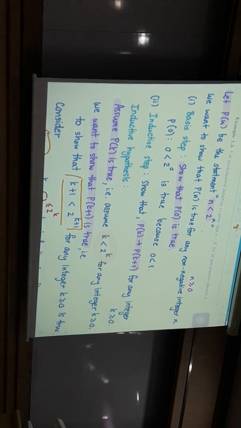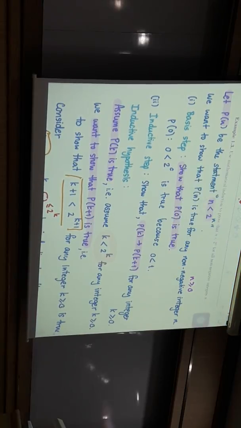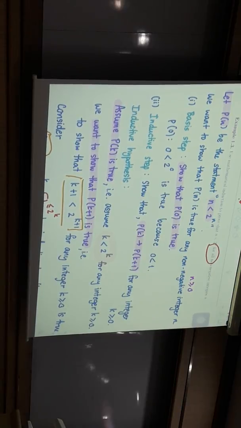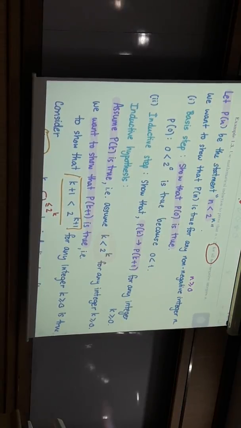One thing I think I didn't mention. Do you realize something here? Everyone look, I'm going to circle in red. We want to prove that it's true for all n greater than or equal to 0.